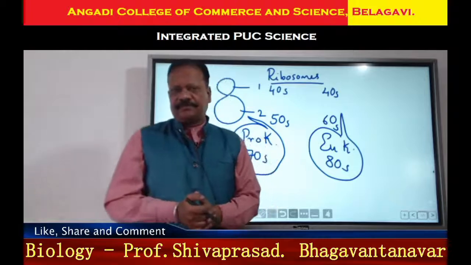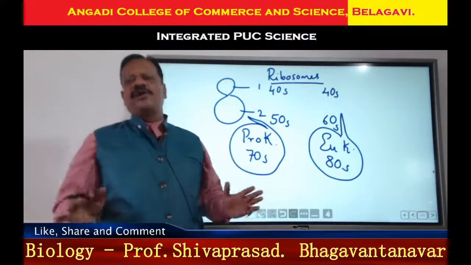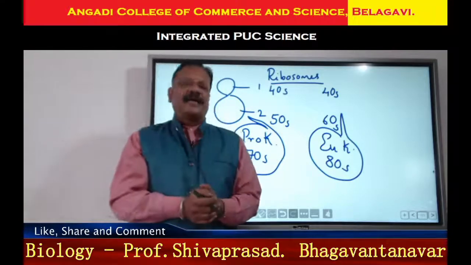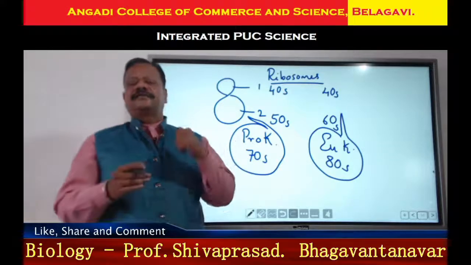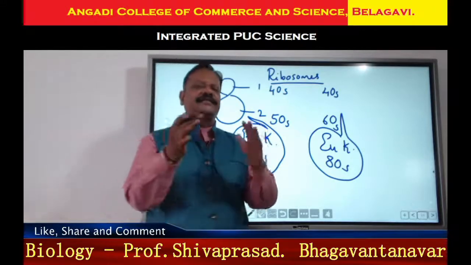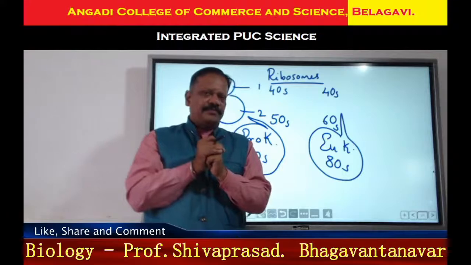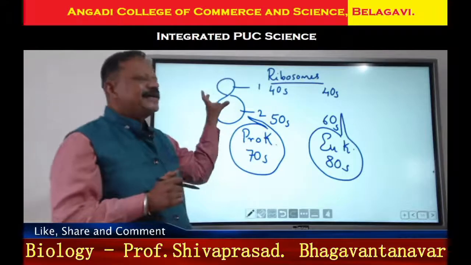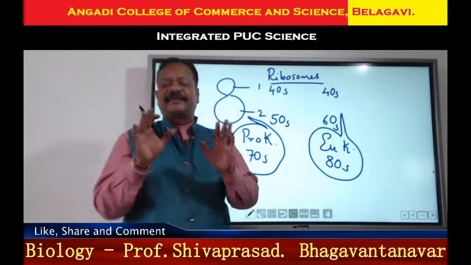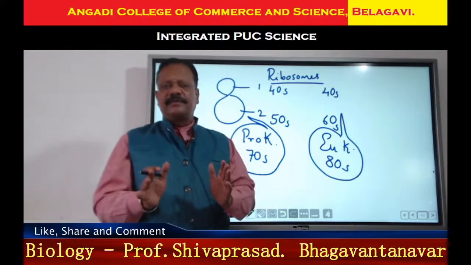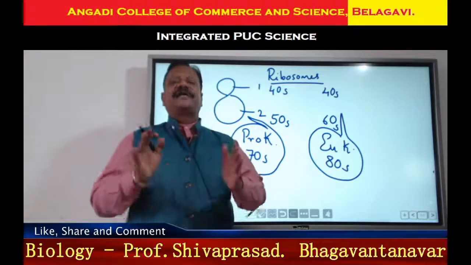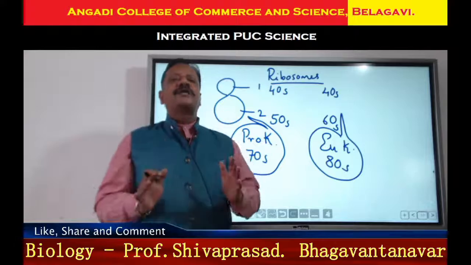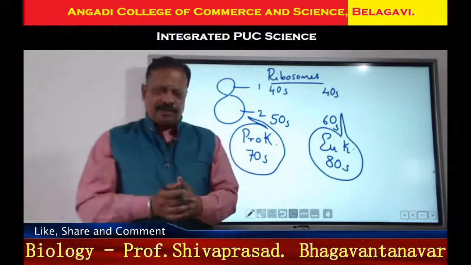You already know how protein synthesis takes place, in case of DNA and RNA, all these things you study. But here we are only dealing with the ribosomes. Ribosomes synthesize protein and they are the factories of protein synthesis.